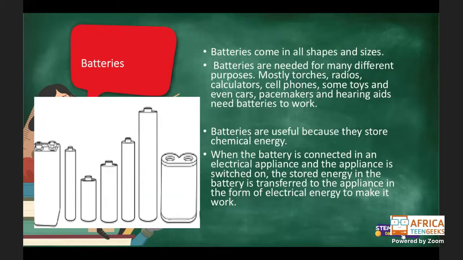When the battery is connected in an electrical appliance and the appliance is switched on, the stored energy in the battery is transferred to the appliance in the form of electrical energy to make it work. It's important for us to know that a battery has a positive and a negative terminal. I'm going to show you this further as we continue with our lesson, as I go through our chat box.